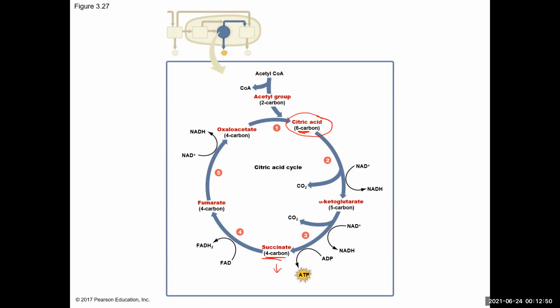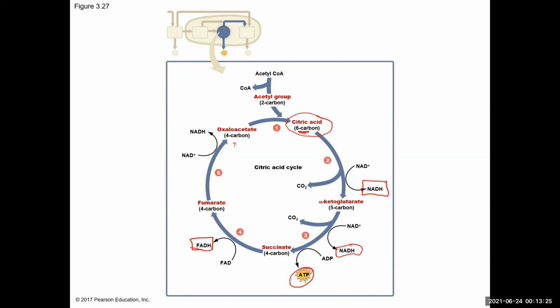Okay. Now, this 4-carbon molecule will continue on to basically be recycled to be used again. Okay. But the key point through this cycle here, as it breaks it from a 6 to a 4-carbon, is making the NADHs, the ATP, and the FADH2.